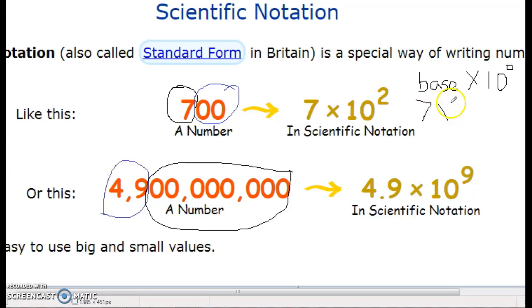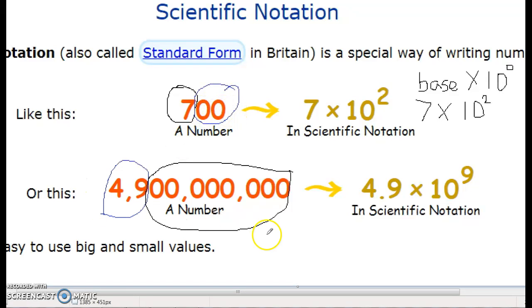We're going to multiply that by 10 to the however many numbers are left over that are not the number 7, and there are 2 of them, and they both happen to be zeros. So that's how we got 7 times 10 squared, or 10 to the second power, because the 7 is the base number and there are 2 other numbers that are not a 7.